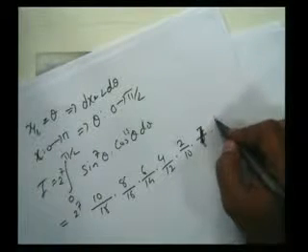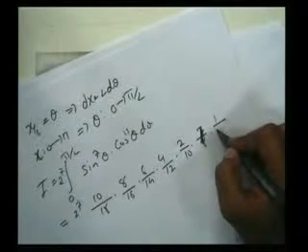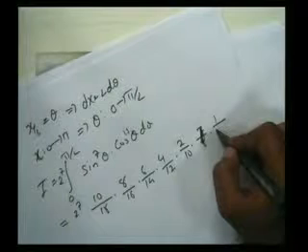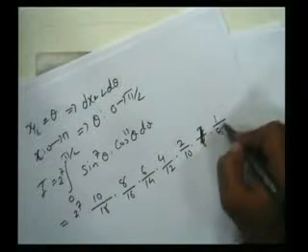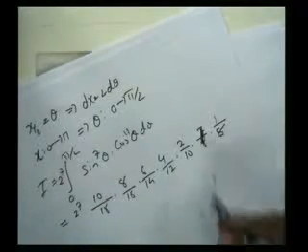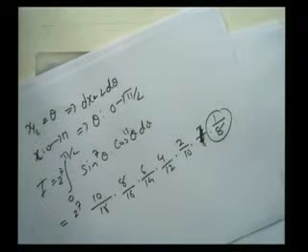Both are odd, that's why the result is 1 upon m plus 1. m is 3, the result is 1 by 4.